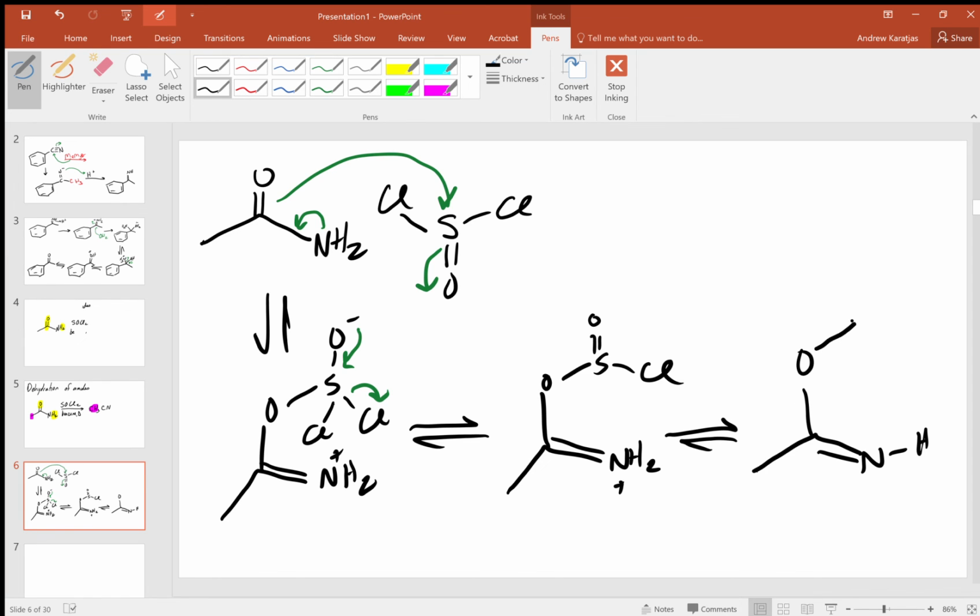All of this has been setting up so that the oxygen has a good leaving group on it, and so that it can be the leaving group in our final step, the elimination, where chloride ion can come in, remove this hydrogen off the nitrogen, electrons shift over, form the triple bond, and we lose our leaving group.